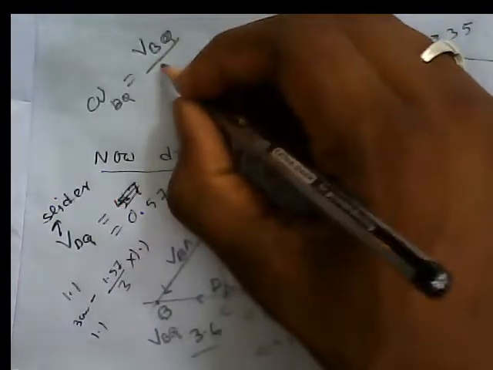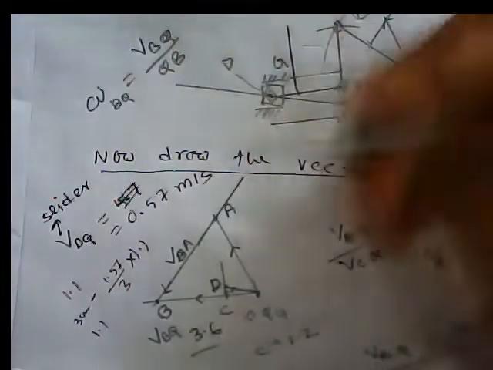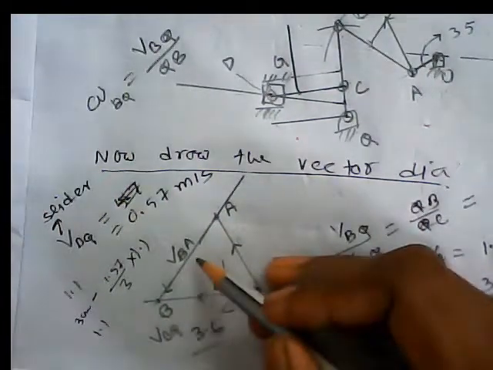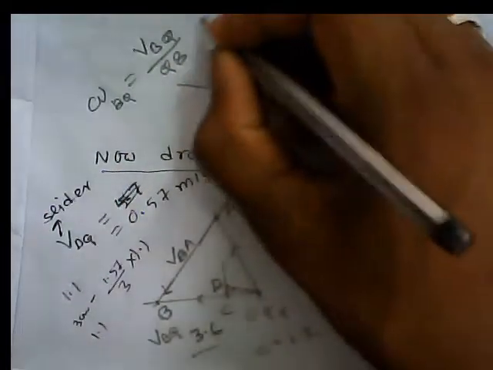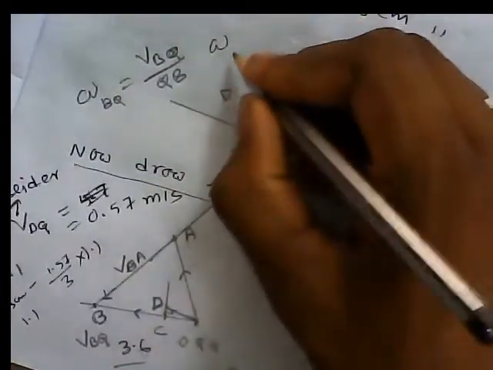So velocity of B with respect to Q divided by the length BQ or QB, and also we can determine the angular velocity of link AB.